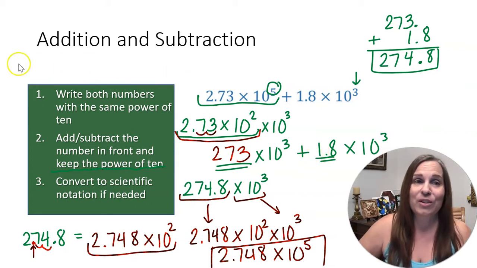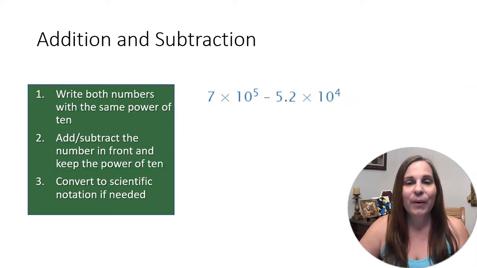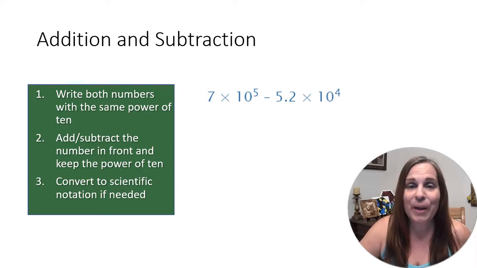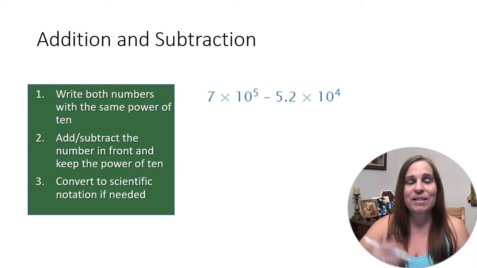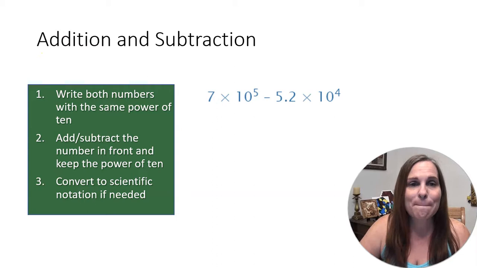Step by step, just follow the process step by step. Let's look at a subtraction problem. All right, so again, we have to get the numbers written with the same power of 10. So I'm going to rewrite the larger one so that it's the smaller one plus something else, right, in the exponent. So let's do it.